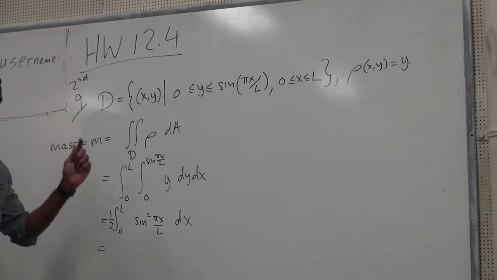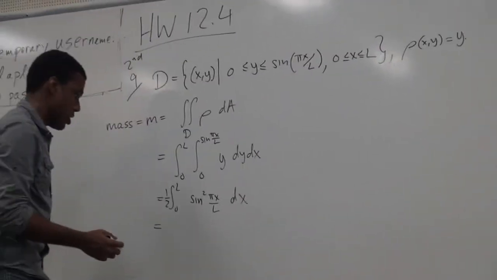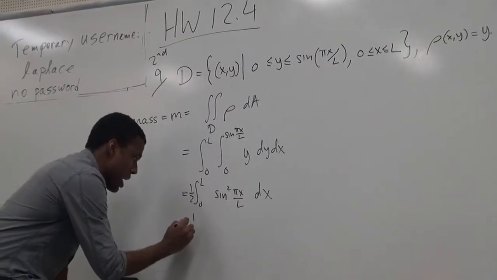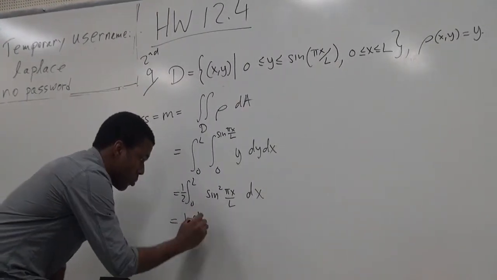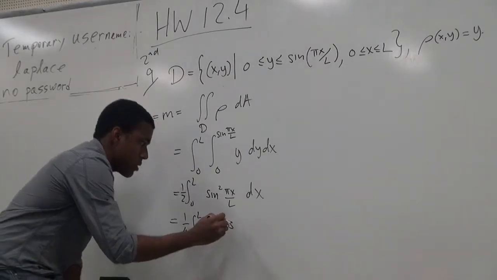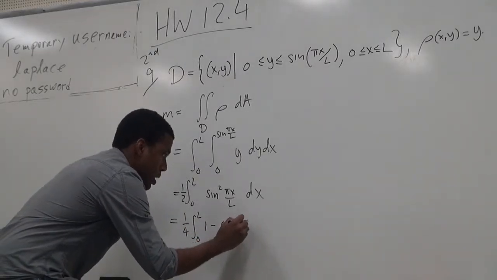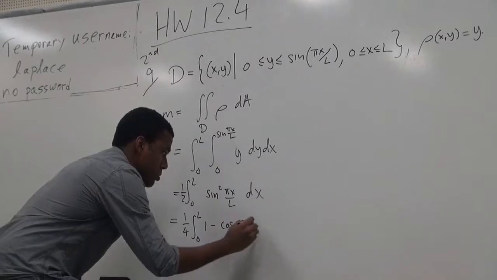Change it by the half angle or double angle formula, depending on how you want to look at it. Which gives you another half, which makes this a quarter, integral from 0 to L of 1 minus cosine of 2 pi x over L.